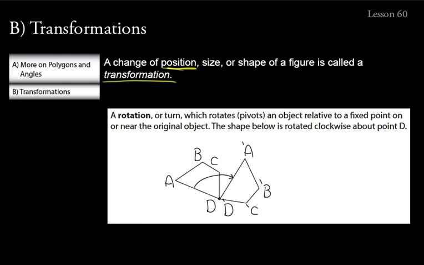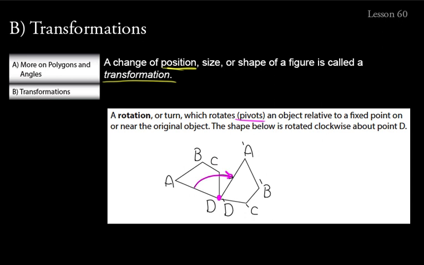And the third type we'll look at is a rotation or turn, which rotates or pivots an object relative to a fixed position on or near the original object. So here we're doing this relative to point D, to vertex D there, and rotating it in this clockwise direction.